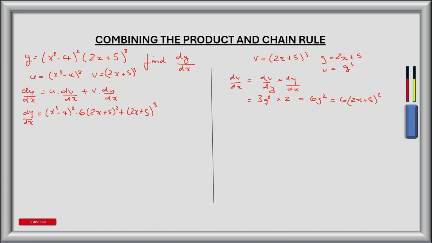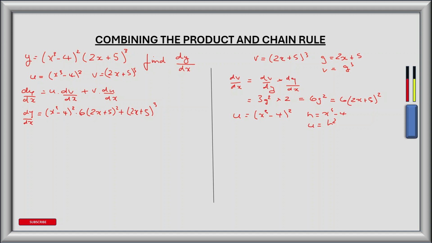So if we again move over to the right hand side of the board and we say u is equal to (x cubed minus 4) all squared. So again, we need to apply the chain rule here. So our inside function, let's call it h, is equal to x cubed minus 4, and u is h squared.